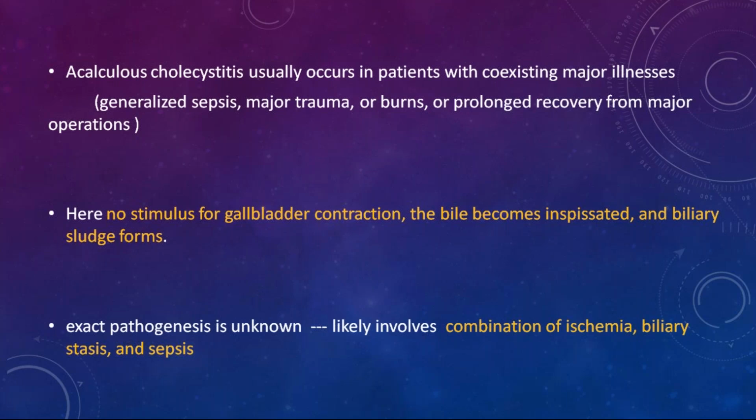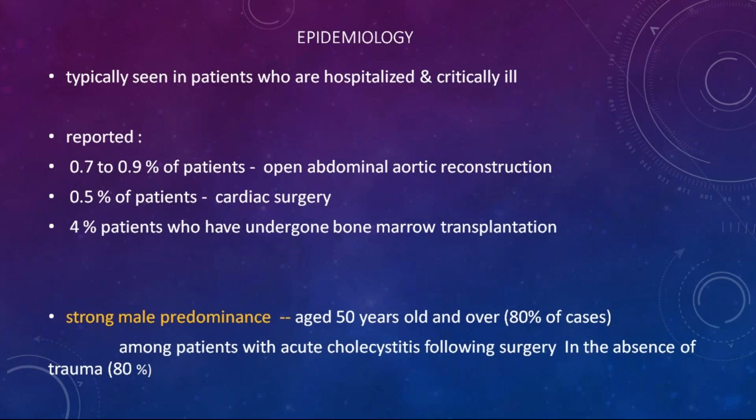So the researchers came to a conclusion that these are predisposing factors to acalculous cholecystitis. As I said earlier, the epidemiology is that it is majorly seen in chronically ill patients or critically ill patients and hospitalized patients.